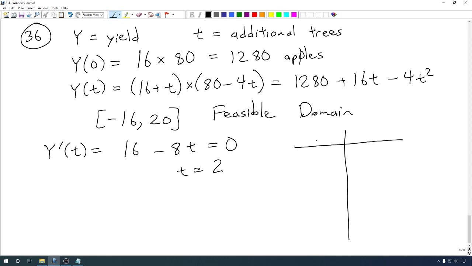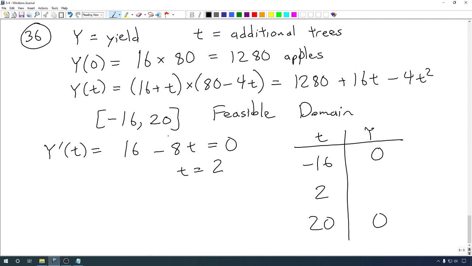Because we have a closed interval, we can go ahead and make a table. We put 2 on our chart with our endpoints of negative 16 and 20. Now, you can actually reason out what the values of y are going to be at negative 16 and 20. They're both going to be 0. When we have t equals negative 16, we have 0 trees, and it doesn't matter how many are produced per tree if we don't have any trees to begin with.